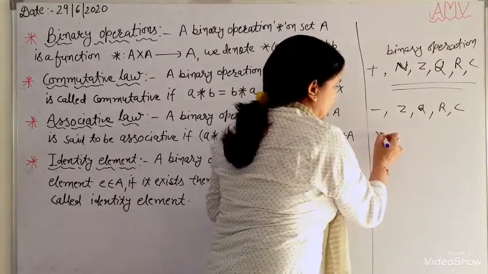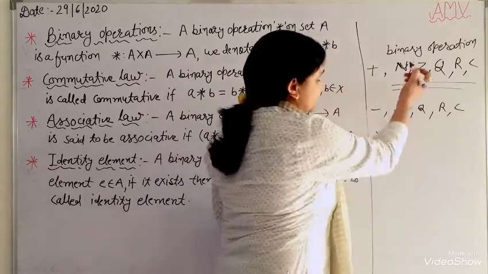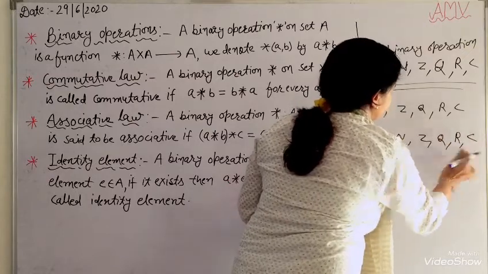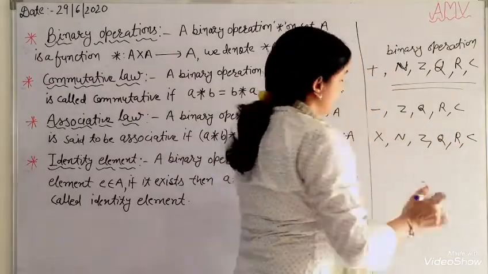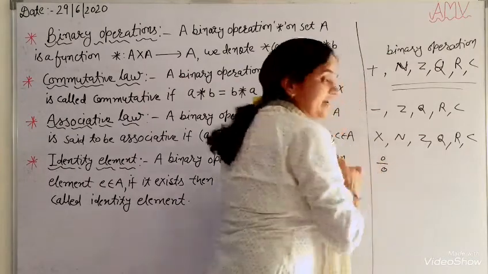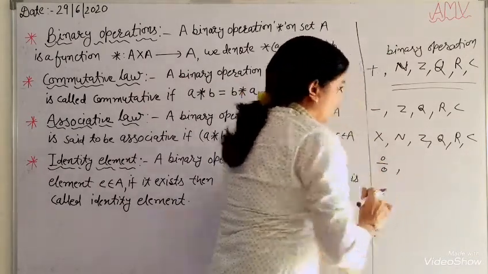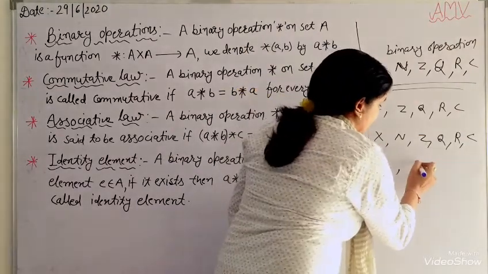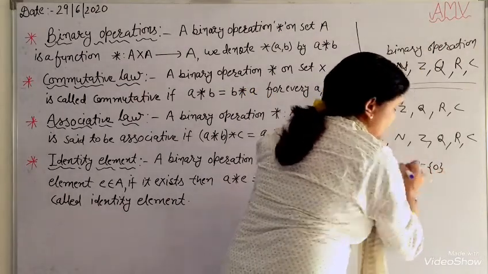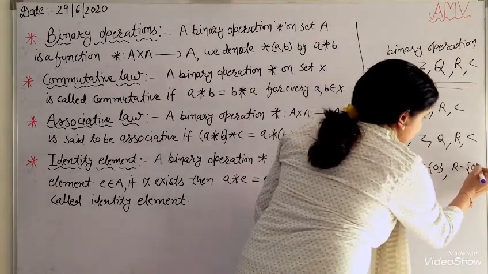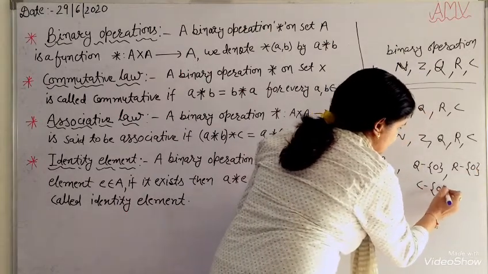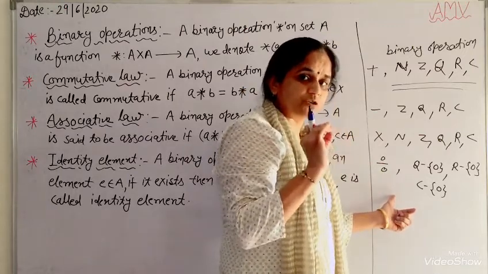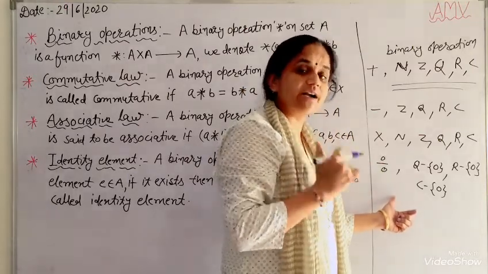Now think about multiplication. Multiplication is a binary operation on N, Z, Q, R and C, for all these sets. Okay, and now what about division? For division, students, it is a binary operation for Q minus 0, R minus 0 and C minus 0, since you all know that the denominator should not be 0, otherwise it becomes undefined.